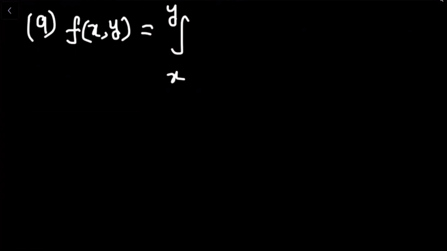Ninth problem. f(x, y) is the integral from x to y of g(t) dt. Okay, think about the basic relation between differentiation and integration. We already know that integration is the reverse process of differentiation. By differentiating an integral, we get the function.